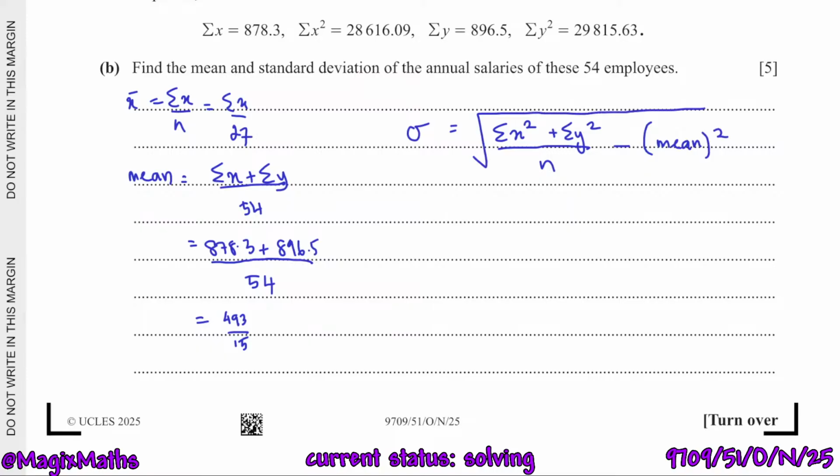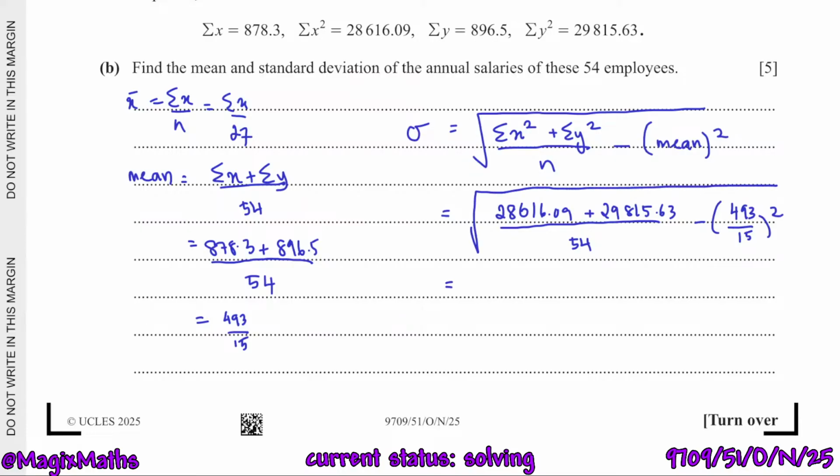And yep, so it'll be 28616.09 plus 29815.63 divided by 54, and then minus 493 over 15 squared.